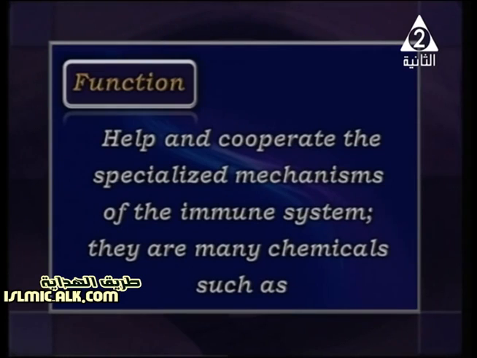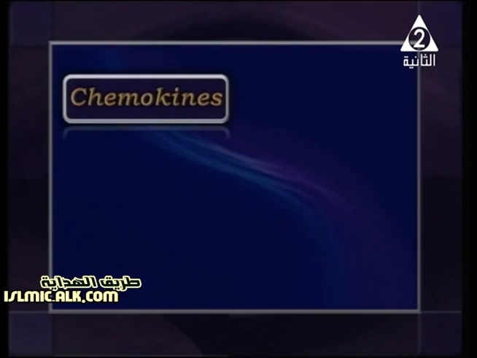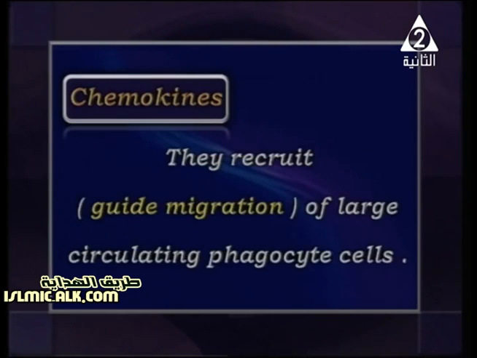There are many chemicals. For example, chemokines. They recruit or guide the migration of large circulating phagocyte cells. So they have an important role in the migration of these cells to deal with the pathogen.